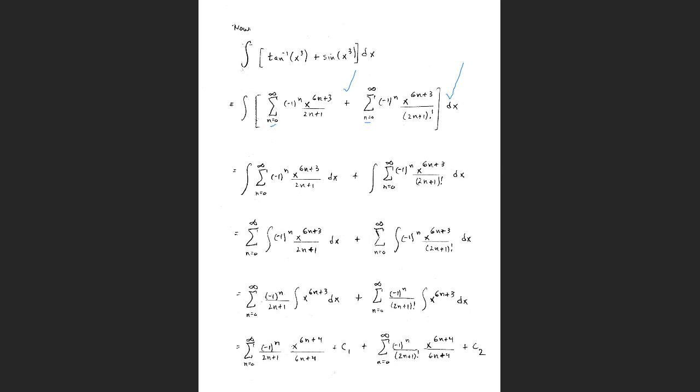That would make sense. So what I have is the integral of a sum. The integral of a sum is the sum of the integrals. So that gets us down to the third step here.